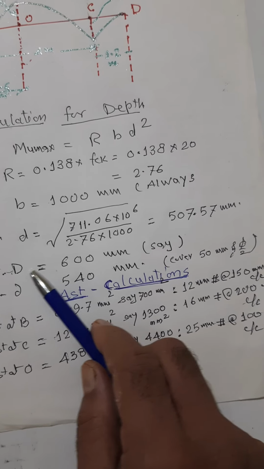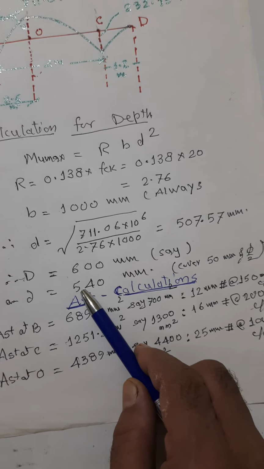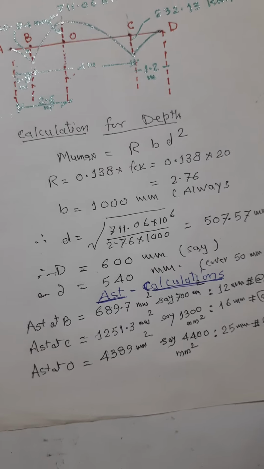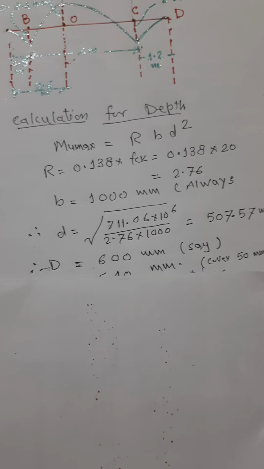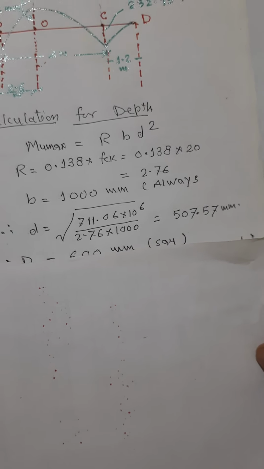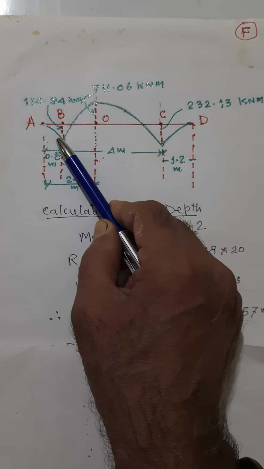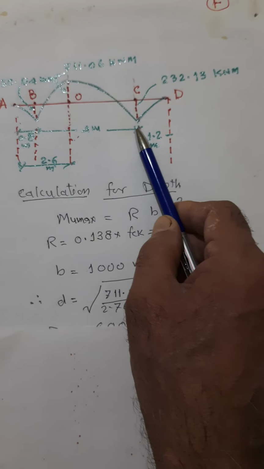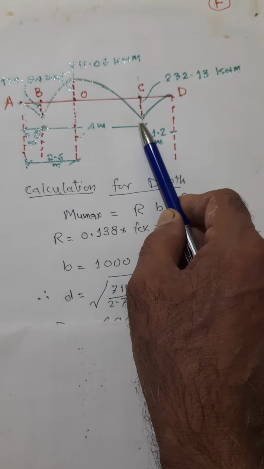Rounding off, capital D, overall depth 600 and effective D 540, which is greater than 450, so it's okay. Now, after finding out the depth, find out the area of steel for this bending moment, and the diameter and the spacing.